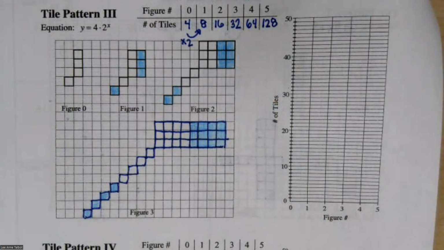Okay, now this is weird, but we're not going to be able to graph the coordinate for 4 and 5 because 4 is 64 and 5 is 128 and it's gonna go off the picture. So we're only gonna graph the 0, 1, 2, and 3.